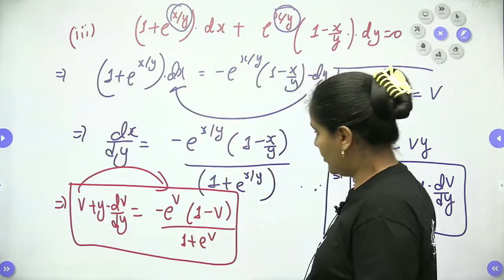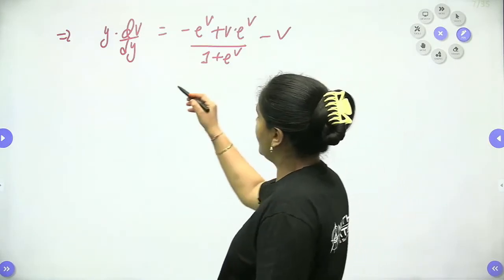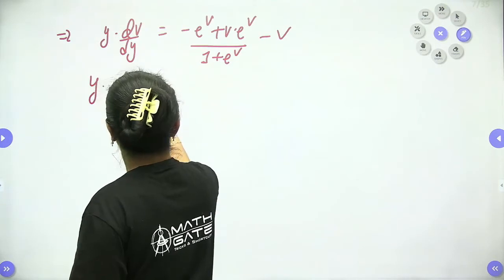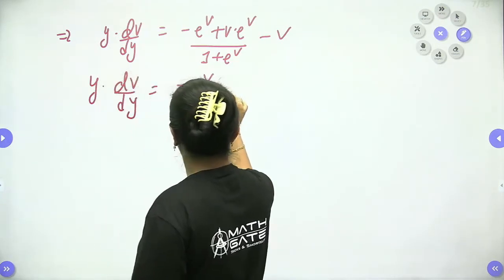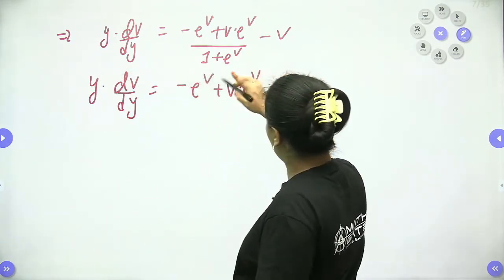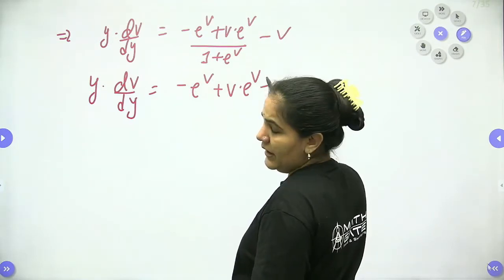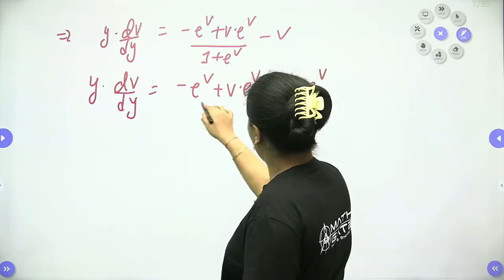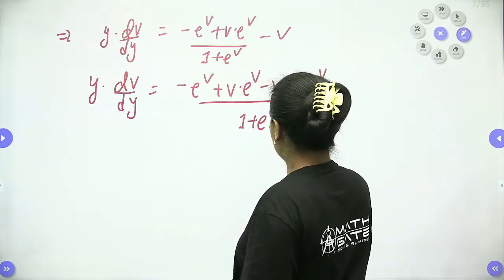So when we approach it, y dv by dy will be minus e to the power v plus v e to the power v. We will take the LCM, so it will be v minus v into e to the power v, divided by 1 plus e to the power v.